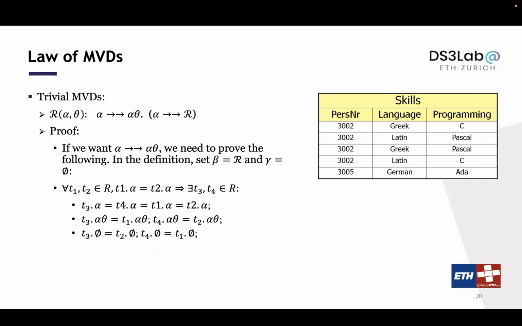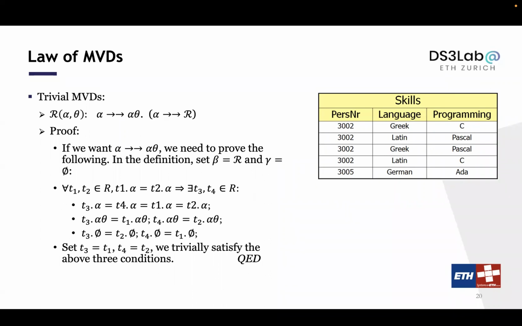The game of proving multivalued dependency laws is to find T3 and T4 given T1 and T2. It's very easy in this case: you can just set T3 equal to T1 and T4 equal to T2, then you're done. If you give me T1 and T2, I can always find your T3 and T4.